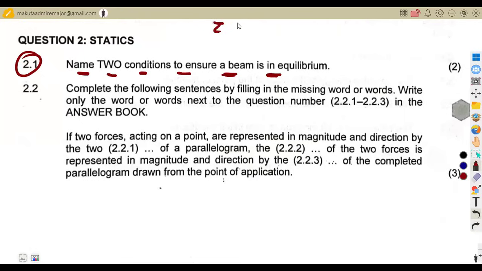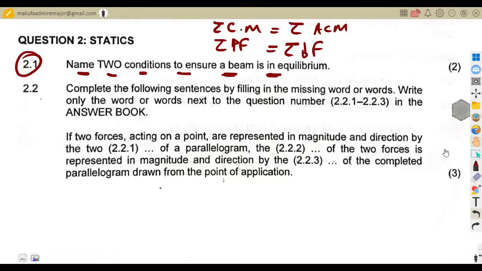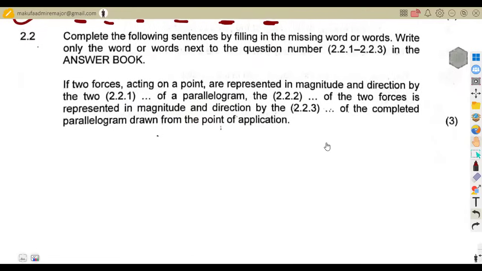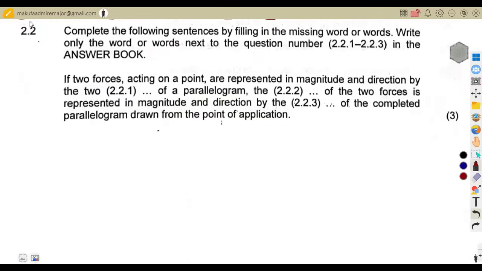Remember, we talk about the sum of the clockwise moments being equal to the sum of the anti-clockwise moments. We talk about the sum of the upward forces equal to the sum of the forces that are going down. That will bring a beam to be in equilibrium. So I want you to write that one in words, okay? Please write it in words.